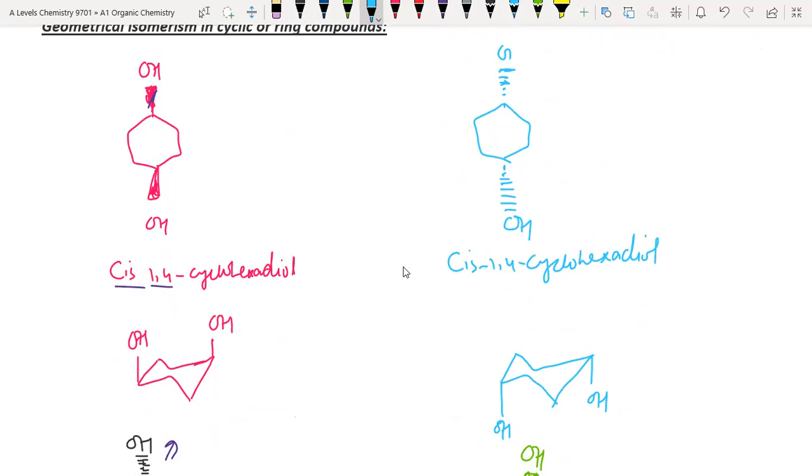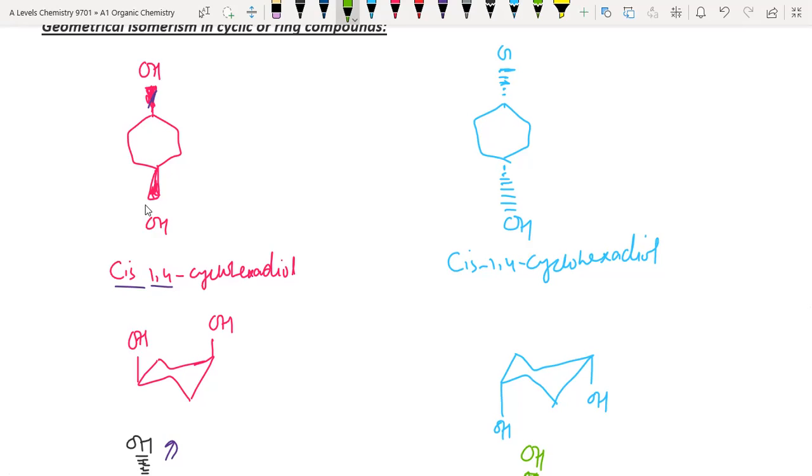Let us see, this is the cyclohexane derivative of alcohol, in which two alcohol groups are substituted.